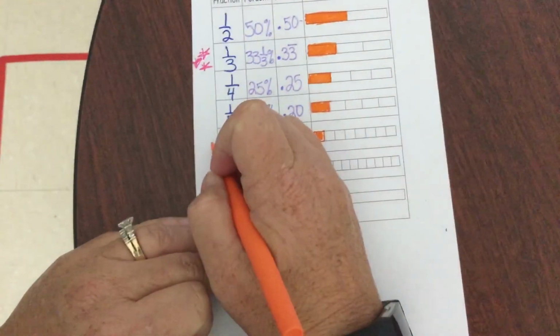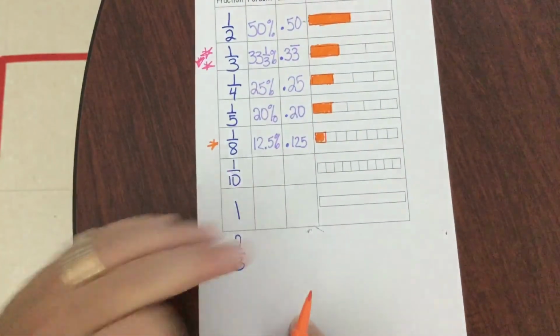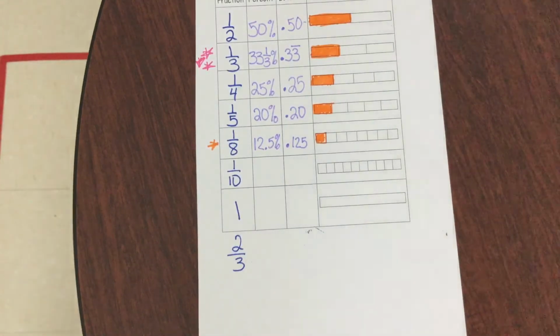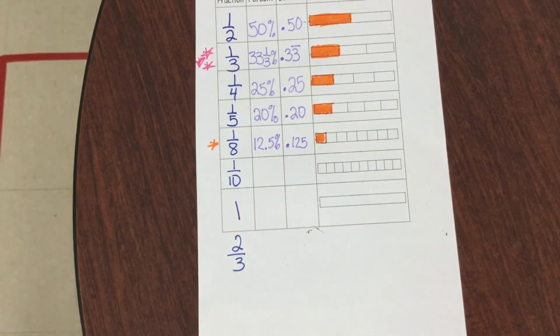And I'm going to just do 1 star because that's the one that I really probably need to focus on when I'm memorizing these. So if I know what 1/8 is, we know that it's 12.5%. What would 3/8 be? If 1/8 is 12.5%, what would 3/8 be?